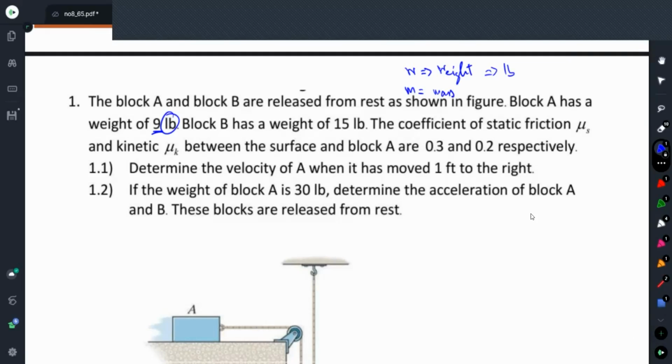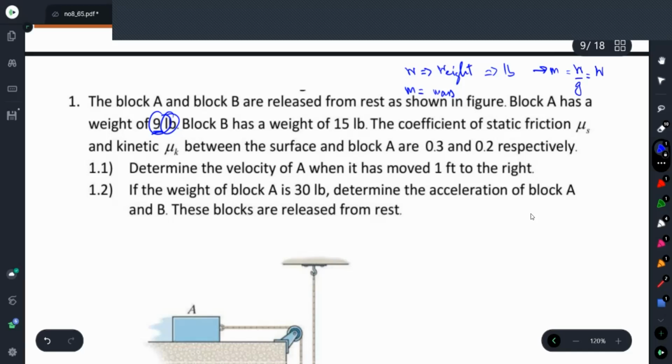For the US customary unit, we talk about the weight, which is the base one. If you would like to find mass, we have to divide it by g. That is for the US customary unit. g is 32.2 feet per second squared. It is different from the SI unit.